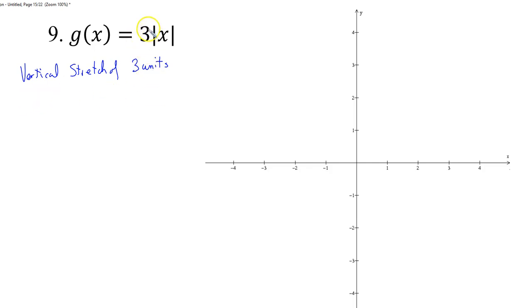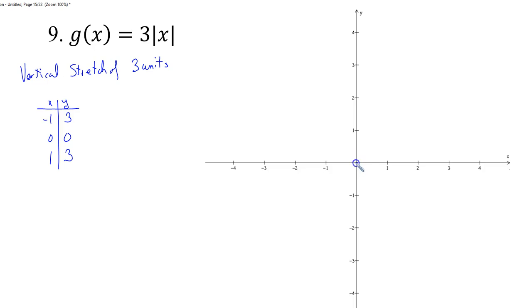You literally get to just pick wherever it slides to. So for these though, we're going to pick a couple of points. So x and y being our g of x, we're going to select -1, 0, and 1. If I plug -1 in here, I'm going to get a value of +3. 0 is still going to be 0, so that's not going to move. And if x is +1, I still get +3 when I plug those numbers in.